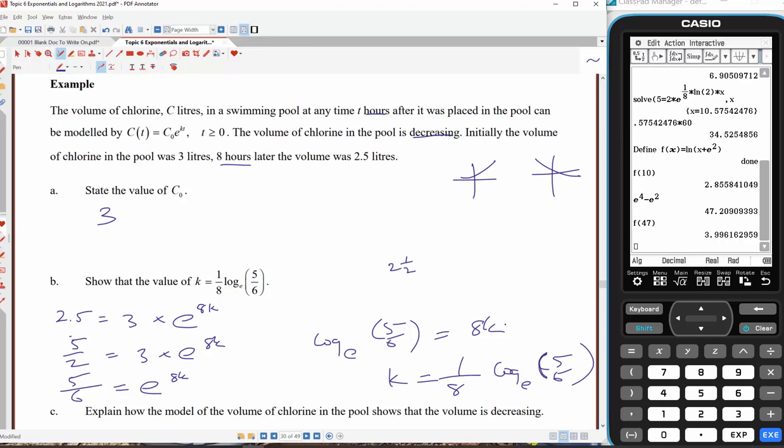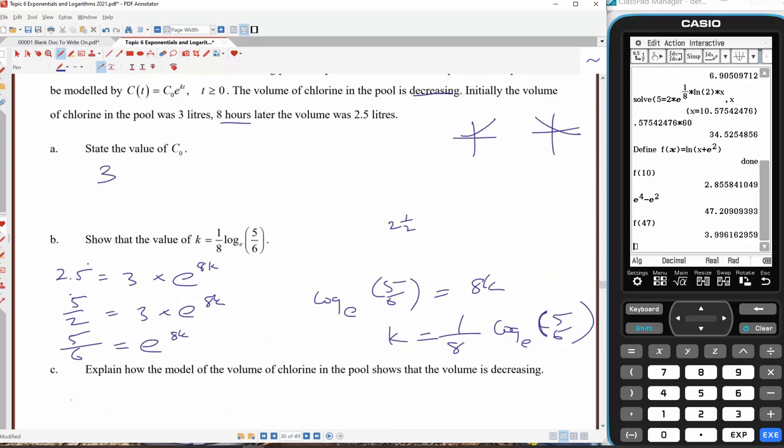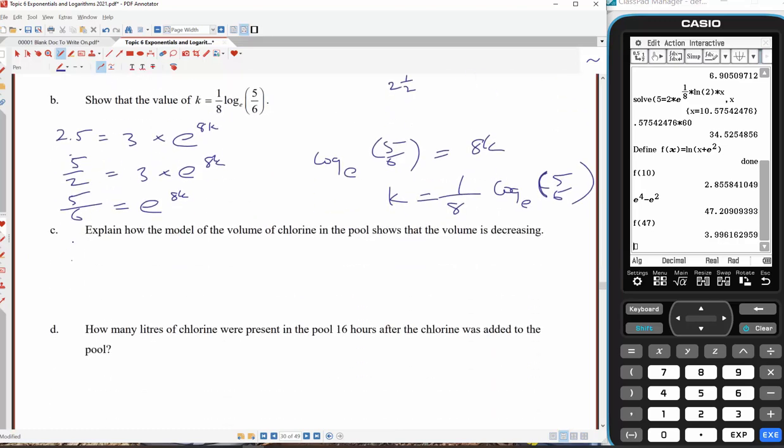Oh, getting messy. Explain how the model of the volume of chlorine in the pool shows that the volume is decreasing. That's a good question. So C of t equals, the initial amount is 3 times e to the 1/8 log e 5/6 t.